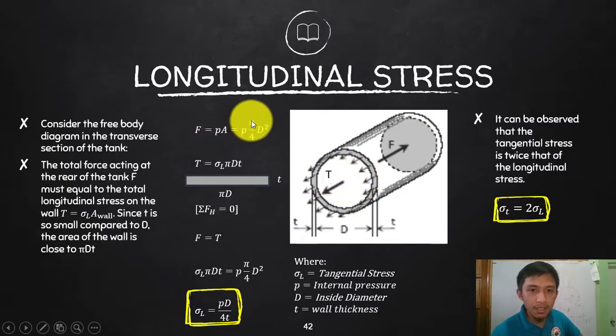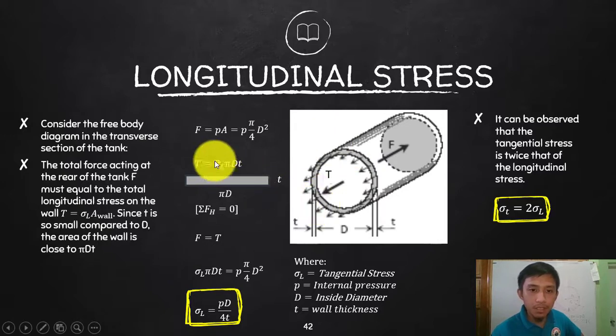So what is the area? That is the area of a circle, pi over 4 d squared. So that is multiplied to your pressure P. You will end up with the concentrated load F, that is due to the pressure of the liquid or the gas inside. And that is to be reacted, or supported by your T, for that not to burst, that should be handled by your area here.